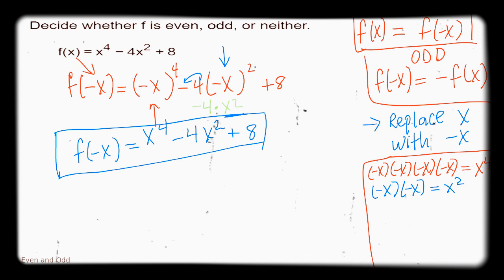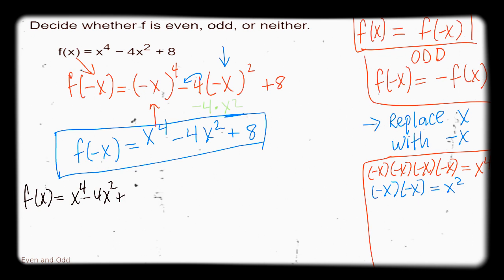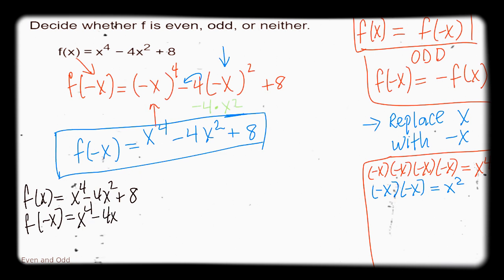So now I know that my f of x is equal to x to the fourth minus 4x squared plus 8. And my f of negative x is x to the fourth minus 4x squared plus 8.